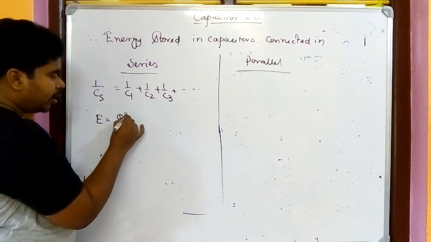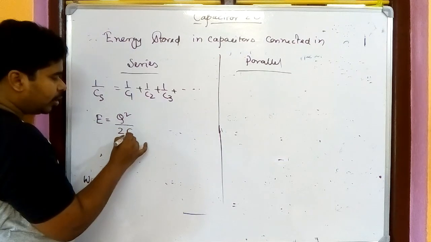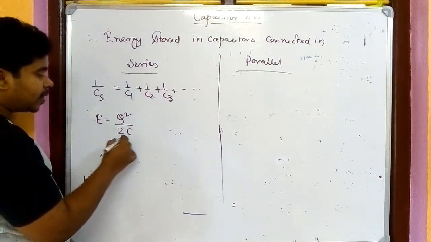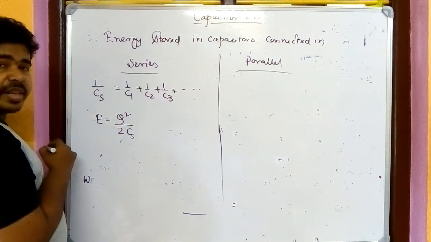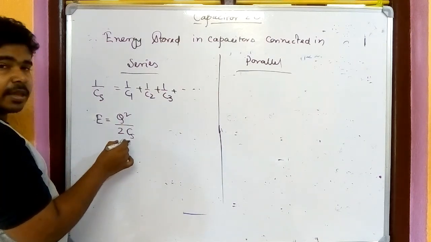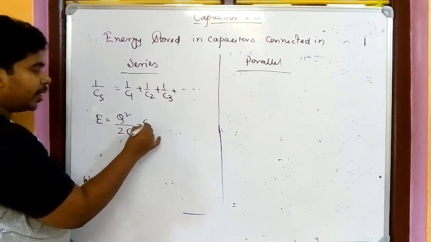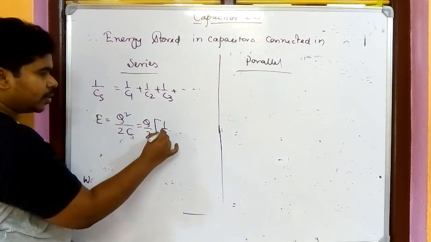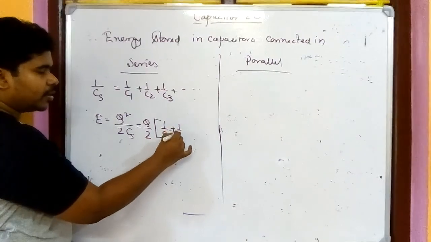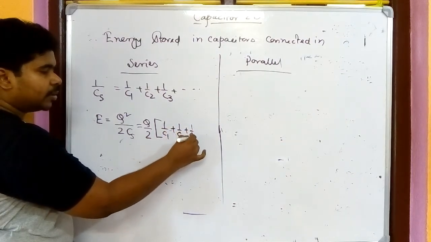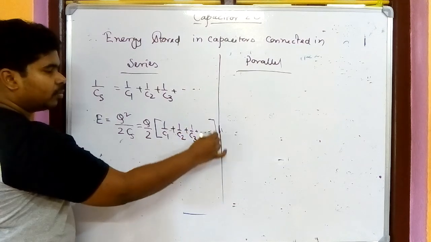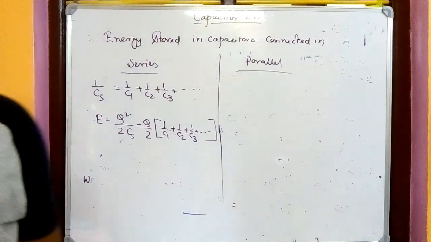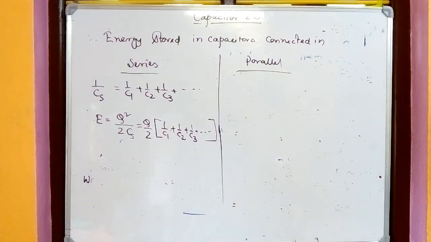So I am taking the equation Q square by 2C, and in this case it is Q square by 2Cs. See, C is in the denominator. We can write Q square by 2 into (1 by C1 plus 1 by C2 plus 1 by C3 plus so on). We cannot take the equation where C is in the numerator; if you take it, it will be wrong.